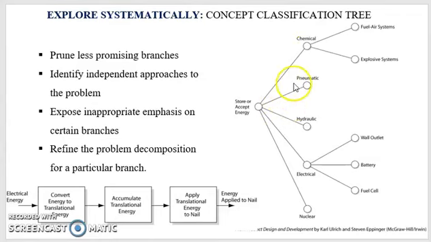The branches of this tree correspond to the different energy sources: chemical, pneumatic, hydraulic, electrical, and nuclear. If by studying the classification tree, the team is able to identify a solution approach that does not appear to have much merit, then this approach can be pruned or cut, and the team can focus its attention on the more promising branches of the tree.